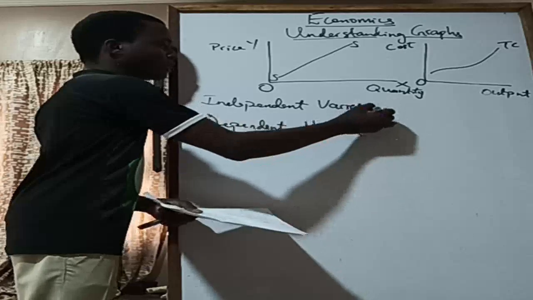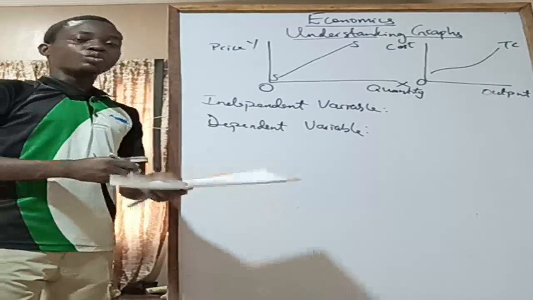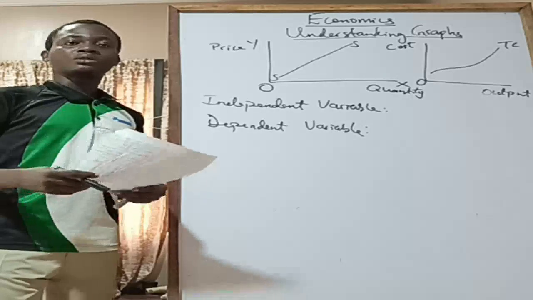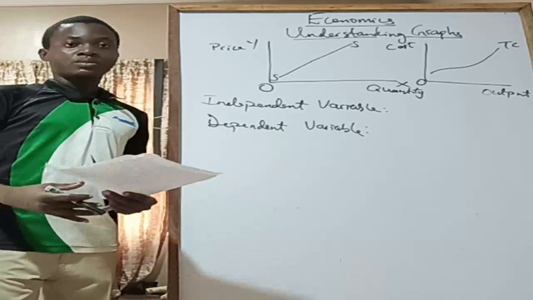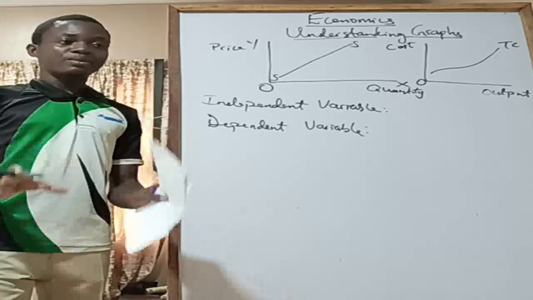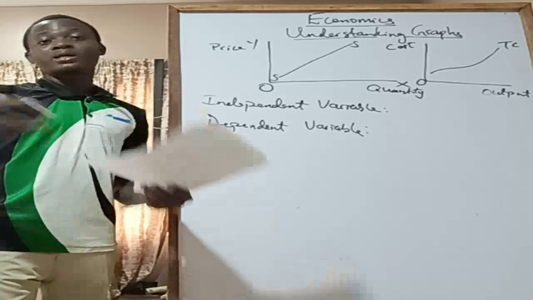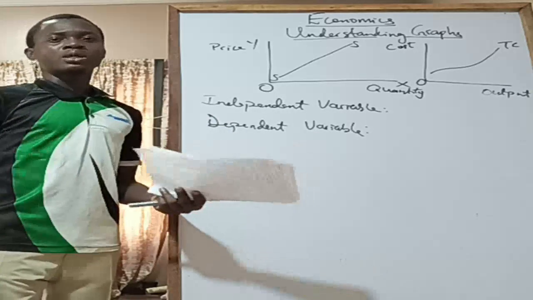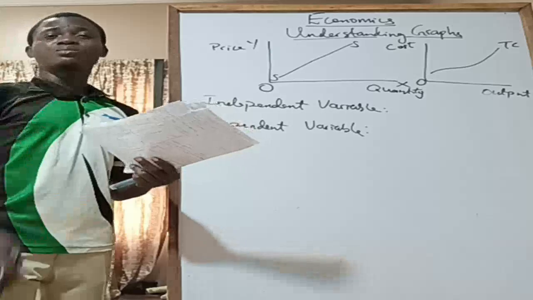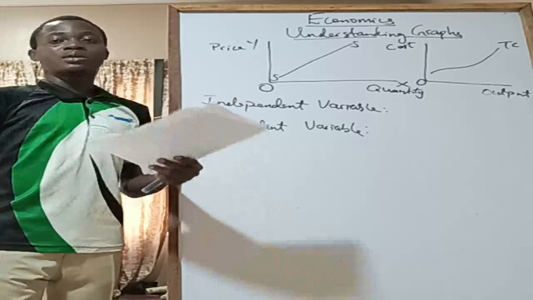So what is an independent variable? An independent variable is a variable whose value is not determined within a model. That is, you get the value outside the model, from somewhere else. Then you begin to think, what is a model, for God's sake? This guy is trying to simplify a variable, but then he's mentioning something that I don't even know.